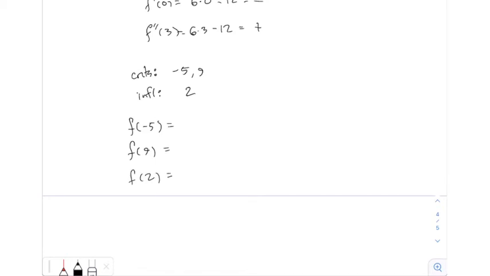Using the original function, so for -5 it would be -5 cubed minus 6 times -5 squared minus 135 times -5. This I did in my calculator, obviously, and I got 400. There are going to be some big numbers here. When I plugged in f of 9, I got, you ready for this? -972. And when I plugged in f of 2, I got -286. So those are the 3 y values that we're going to care about.